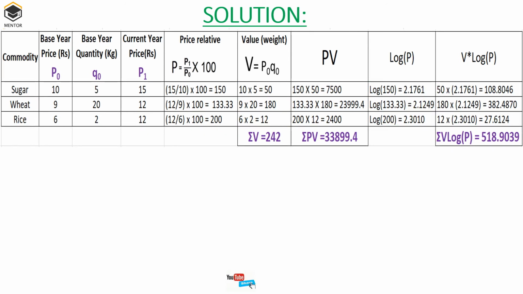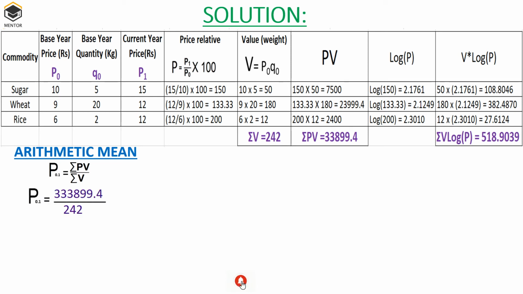Now this is the entire tabulation we have calculated, all the values which we required in our formulas of arithmetic mean and geometric mean. So what is our arithmetic mean formula? Price relative of the current year based on base year is equal to summation PV by summation V. So substitute the values.